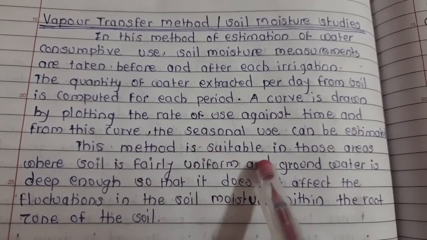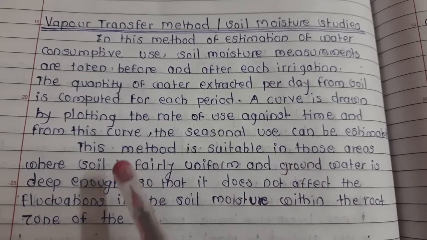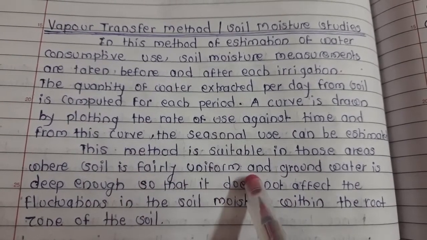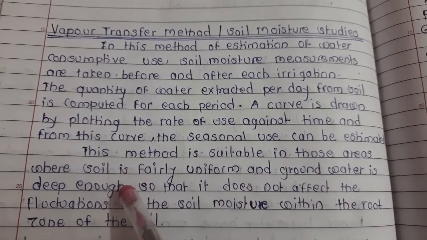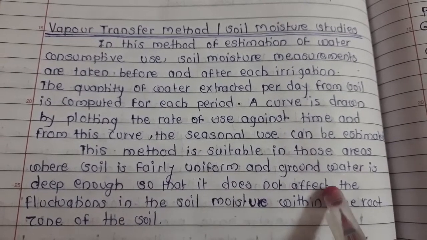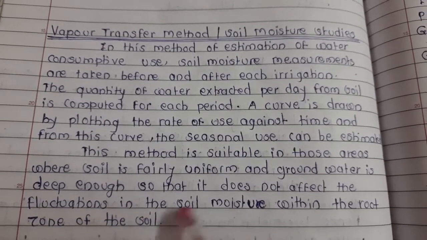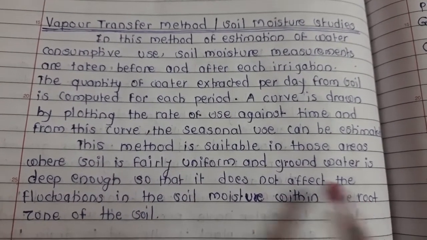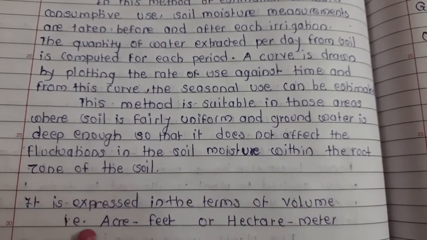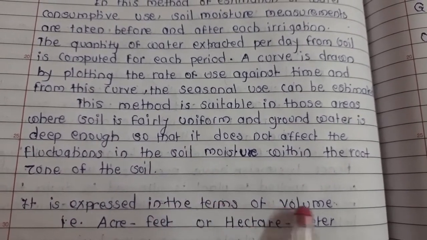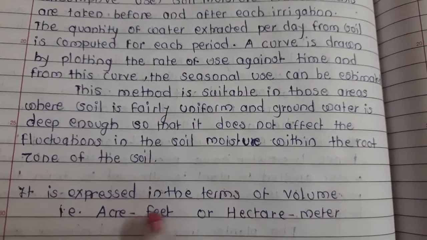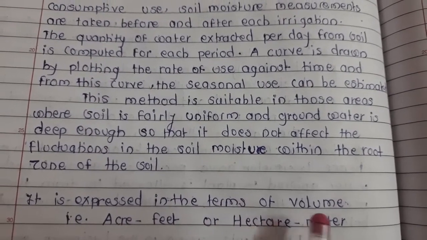This method is suitable in those areas where the soil is fairly uniform and groundwater is deep enough so that it does not affect the fluctuations in the soil moisture within the root zone of the soil. It is expressed in terms of volume, acre feet or hectare meter.